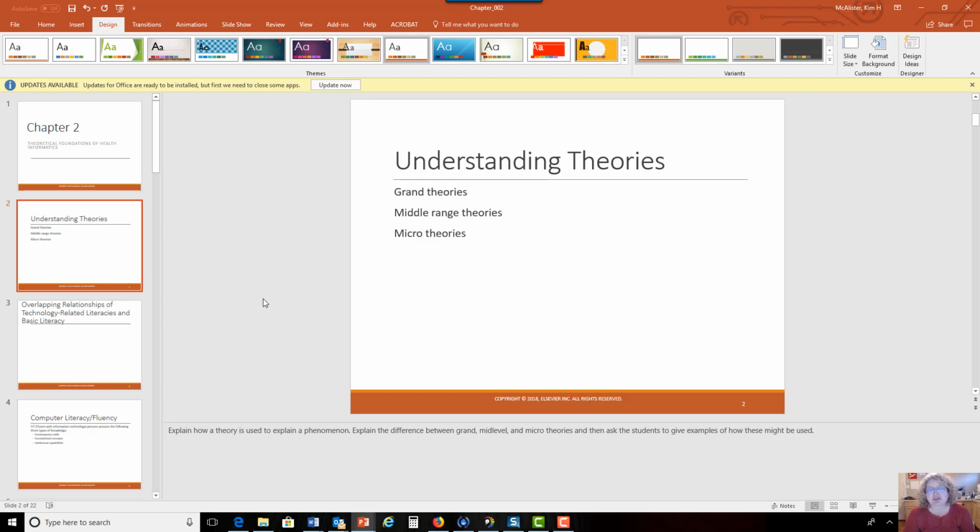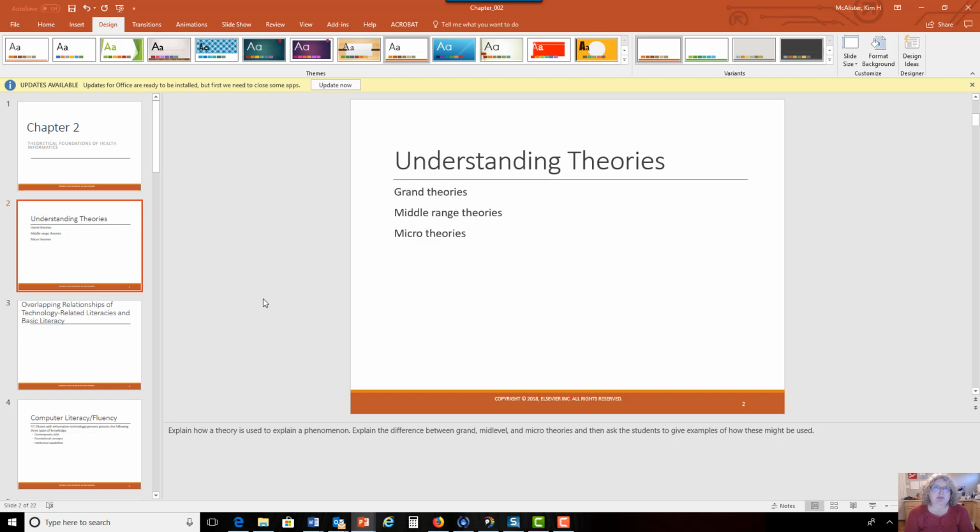They can be very difficult to test because they are so complex and have so many variables, but they can also be very foundational for a discipline. Think for a minute about the nursing grand theories, such as Watson's theory of caring, and also think about Orem's theory of self-care. So that's an example of what a grand theory is.